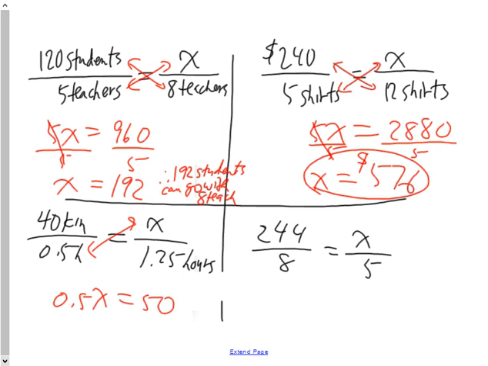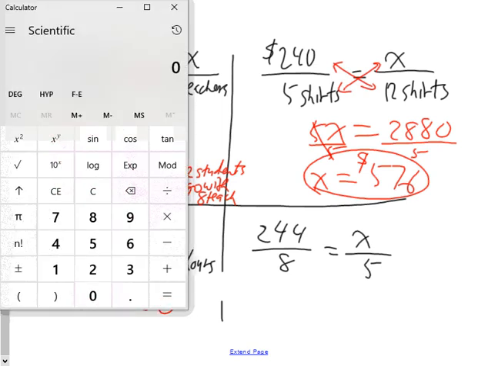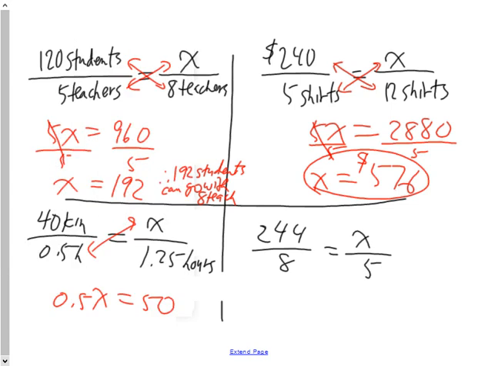Then I'm going to go 50 divided by 0.5. If I have $50 divided into piles of 50 cents, I can make 100 piles. So x would equal 100. So therefore, if you can go 40 kilometers in half an hour, you will be able to go 100 kilometers in 1.25 hours, or 1 hour and 15 minutes.